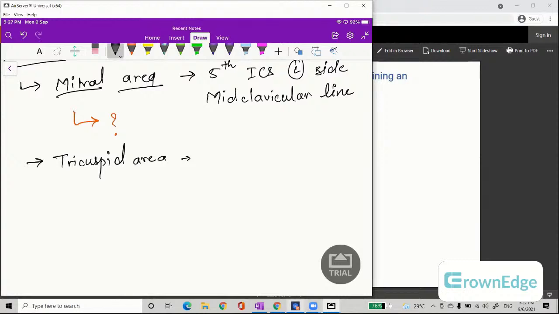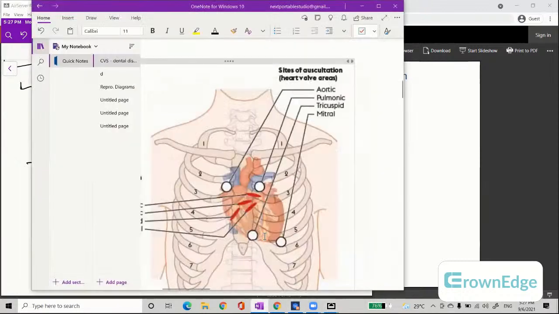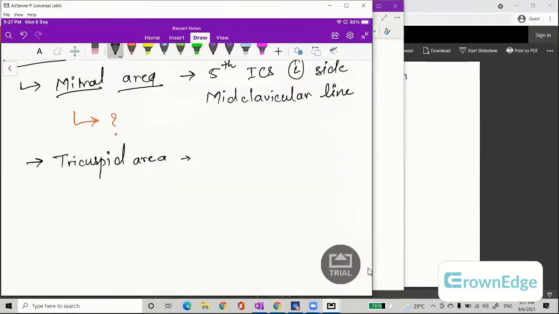again you can see over here, where is that tricuspid area? Over here, fifth intercostal space, but near the left border of the sternum, right? So the tricuspid area is present on the, again, fifth intercostal space, on the left side again, but where?